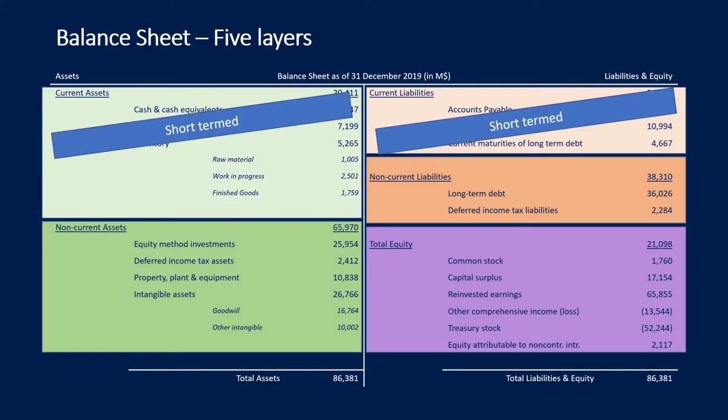If we now say that current assets and current liabilities are short-termed, what does that exactly mean? It means that current assets are meant to stay shorter in the company than 1 year, while non-current assets are meant to stay longer than 1 year. And that's why they are also called fixed assets.